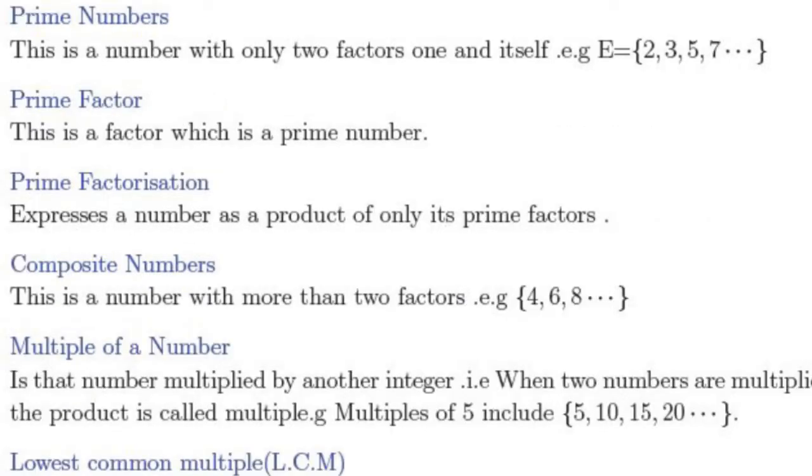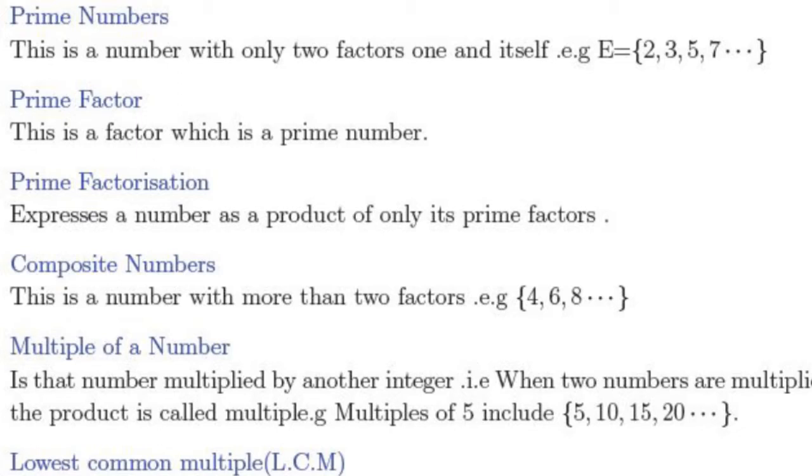Now we have what we call prime numbers. As per the definition, you see that these are numbers with only 2 factors, 1 and itself. So those numbers that have 2 factors, 1 and itself, are called prime numbers.